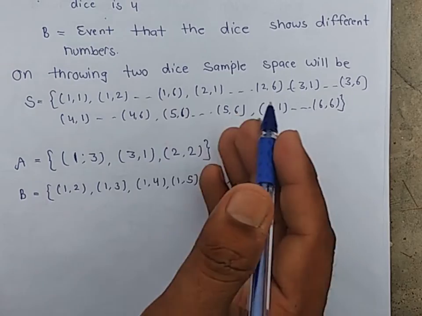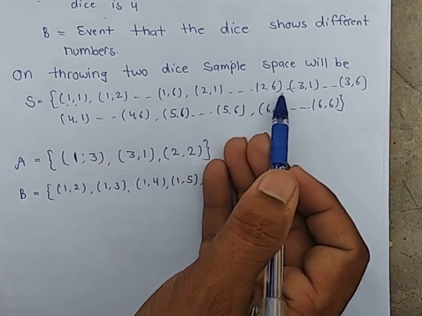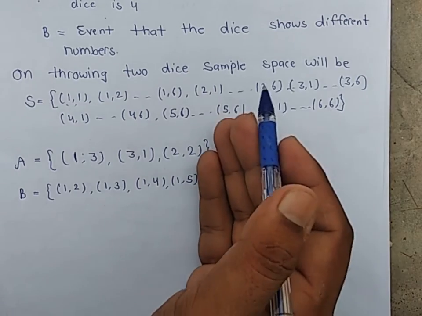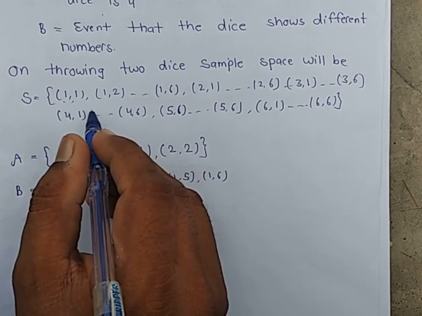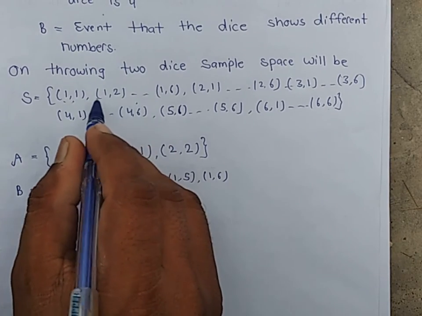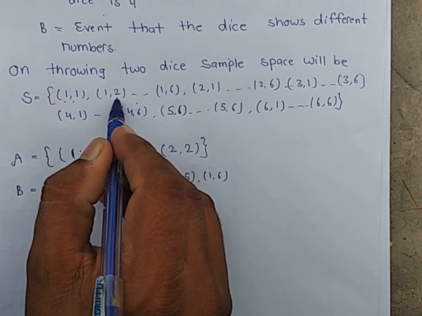Means we remove doublets. What is doublets? (1,1), (2,2), (6,6), (3,3), (4,4), (5,5). These are doublets. We remove doublets from the sample space.